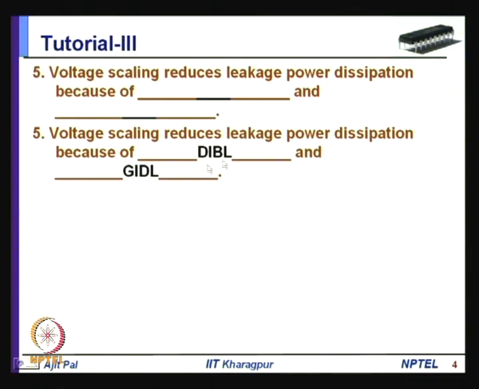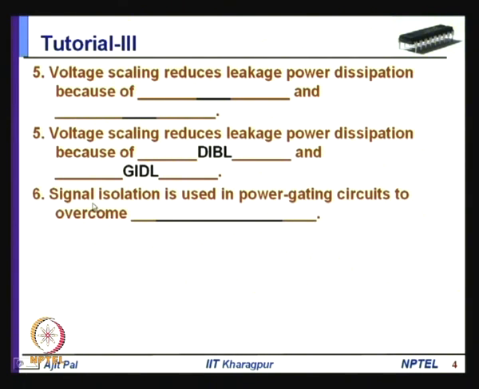Similarly, GIDL effect, that is your gate induced drain leakage, that also affects the voltage scaling, and for larger voltage the leakage current due to GIDL effect is more, and for smaller voltage is less. So, because of these two effects, as you do voltage scaling, there is leakage power reduction.